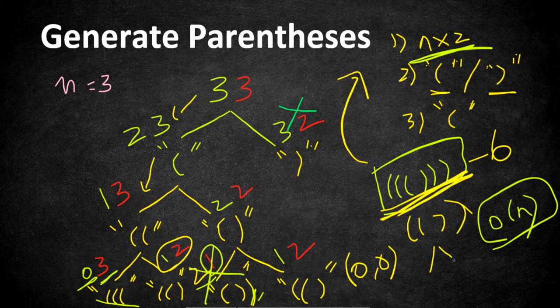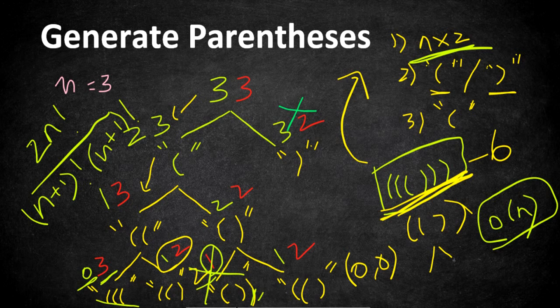So overall, it is said that it is going to work in the form of the Catalan number, which is nothing but (2n)! divided by ((n+1)! times n!), and this can be asymptotically represented as 4^n divided by n.